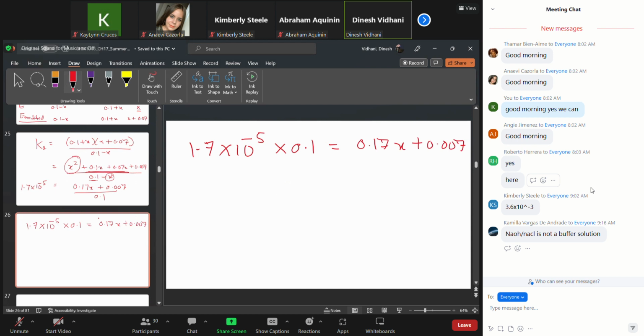Okay, guys, what next? I can still simplify this one. 1.7 times 10 to the power negative 6, because if you multiply this with 0.1, this becomes 10 to the power negative 6. That one will be equal to 0.17X plus 0.007. Well, what do you guys think? Because I see a big problem here.